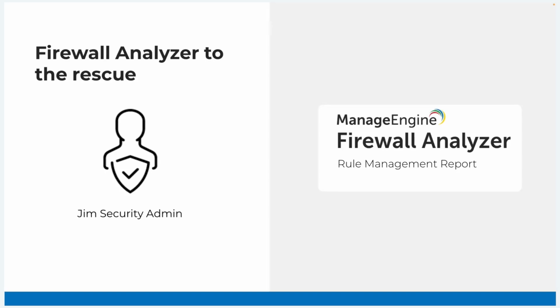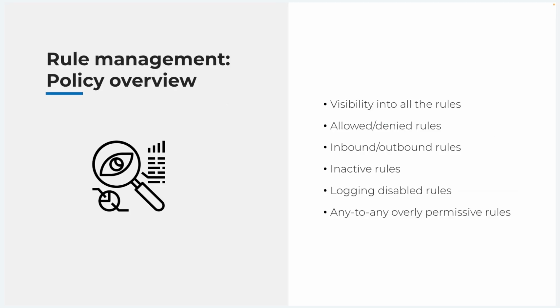Let us take a look at the rule management feature of Firewall Analyzer, which will help Jim address all of the challenges he will be facing. The first feature under rule management that we are going to look at is the policy overview. The policy overview report gives you visibility into all the rules that have been written on the firewall.